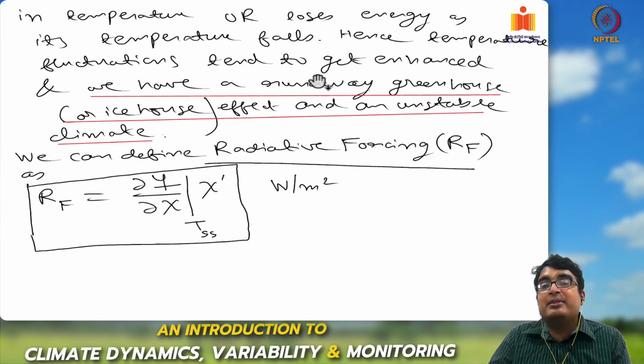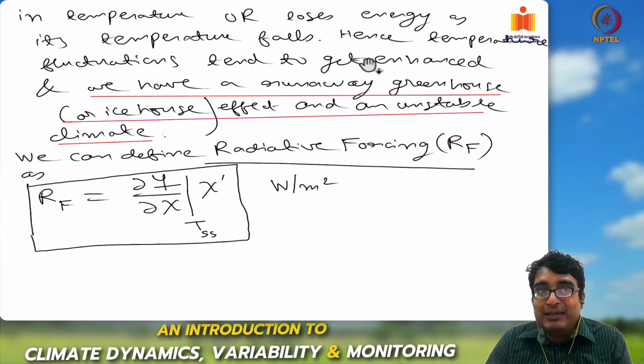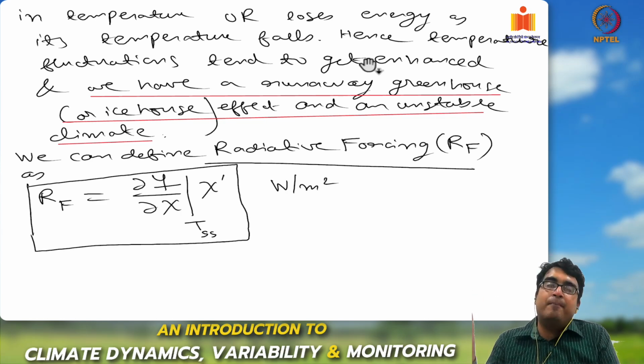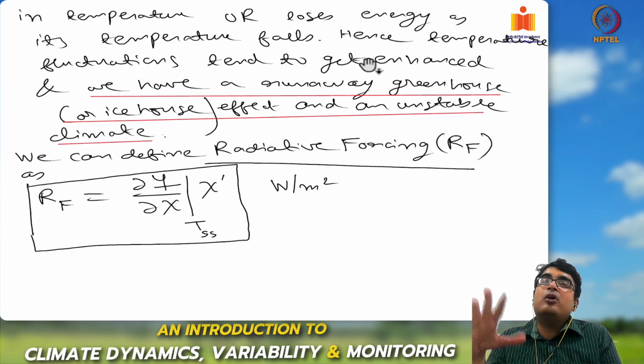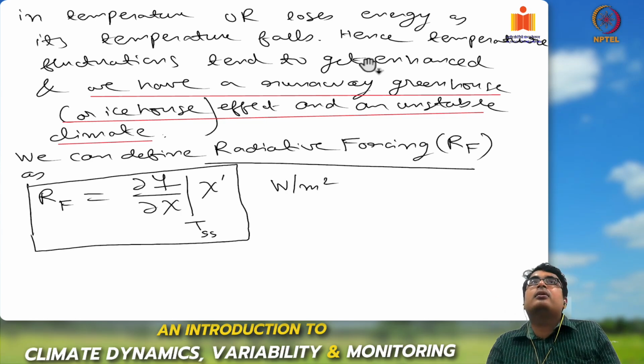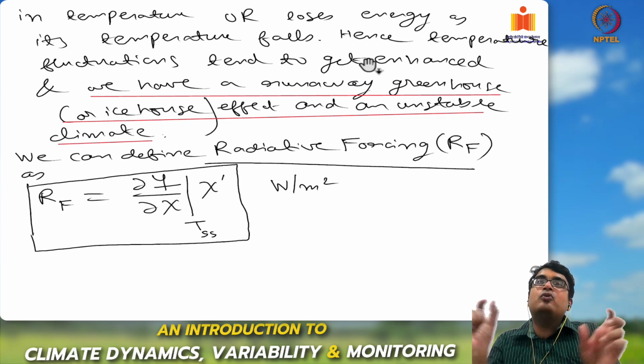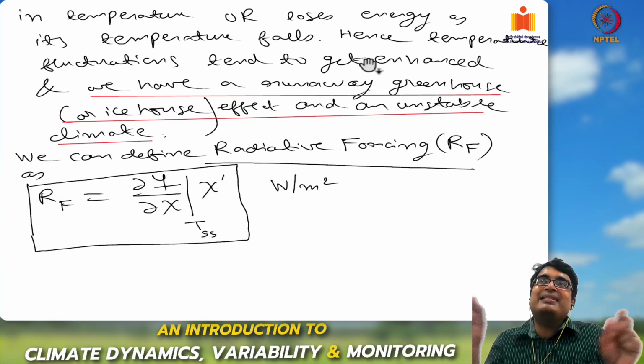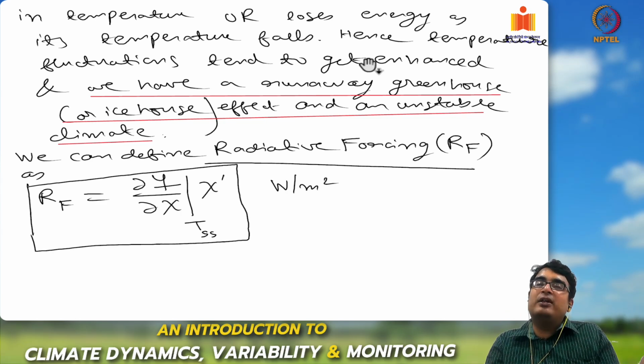So, such a climate system is unstable because any perturbation of temperature either in the positive direction or in the negative direction will cause an even further heating or cooling effect, which is going to increase the temperature deviation over the steady state value.